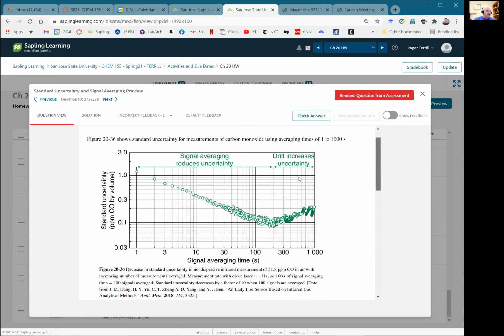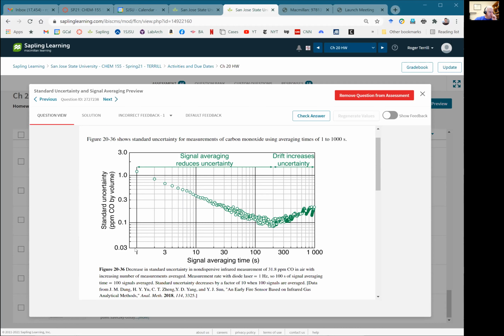But the thing is that you can look at the uncertainty in a measurement and you can plot that uncertainty as a function of the time that you spend making the measurement. So for example, up here you've got maybe an uncertainty of 1 unit, whatever that is.